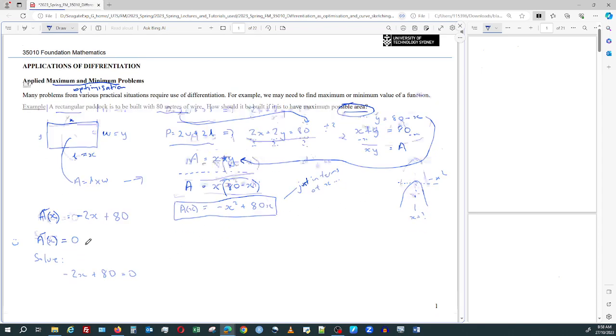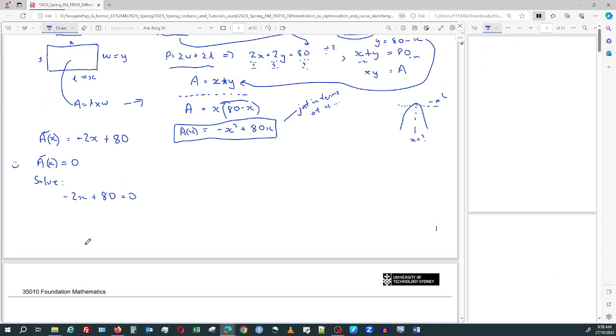So I can just maybe add 2x to both sides, just to keep it simple. So 2x is it, and just swap it around because it's not an inequality or anything. I don't have to change anything. Dividing by 2.